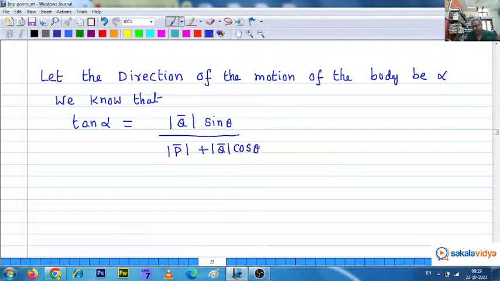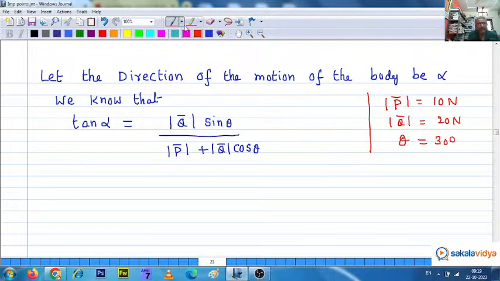So let us substitute. We know that already, from the given data, mod p is equal to 10 newtons, mod q bar is equal to 20 newtons. We know that the angle between them theta is equal to 30 degrees. So let us replace them.